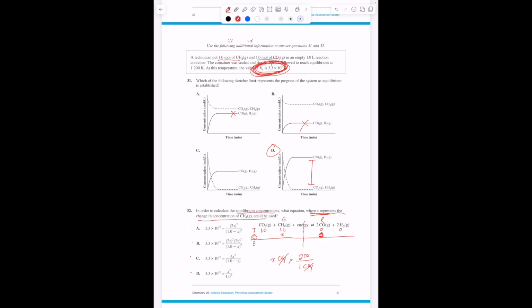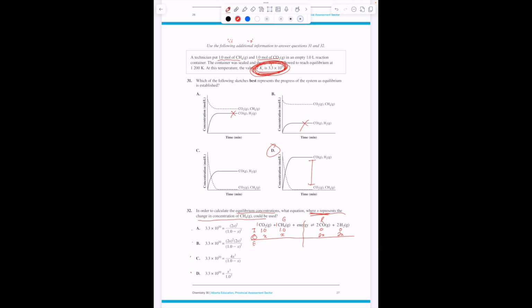So now I have 2x. I can see here that I have a 1-to-1 ratio. That's x. But on this side, this is 2x, 2x.